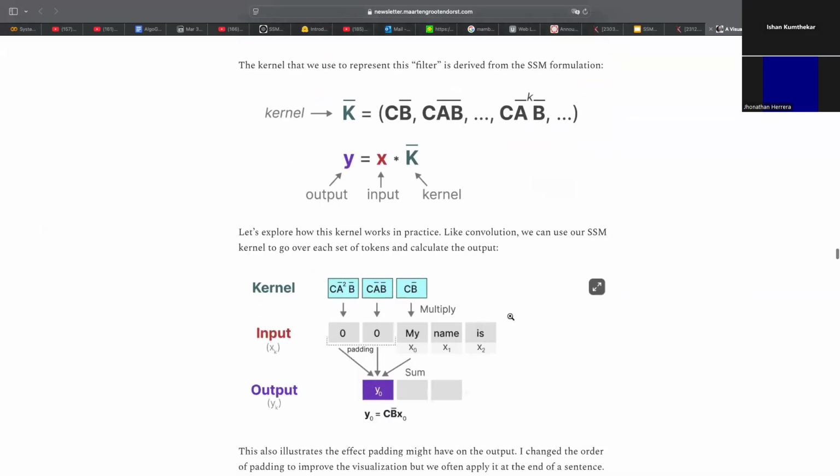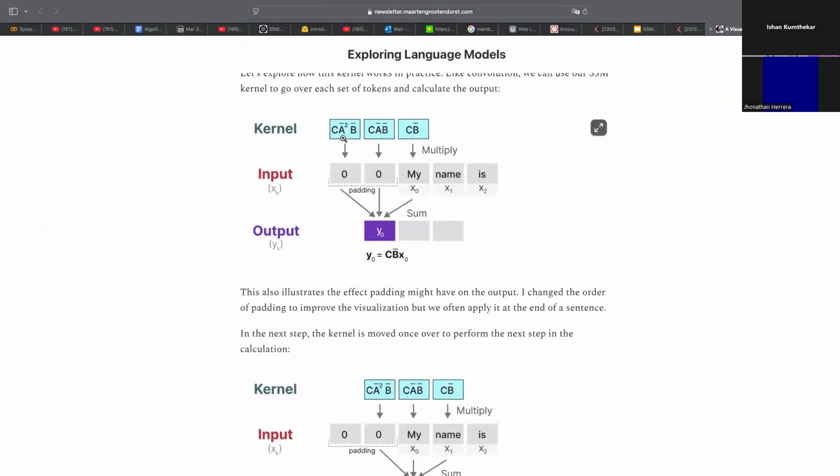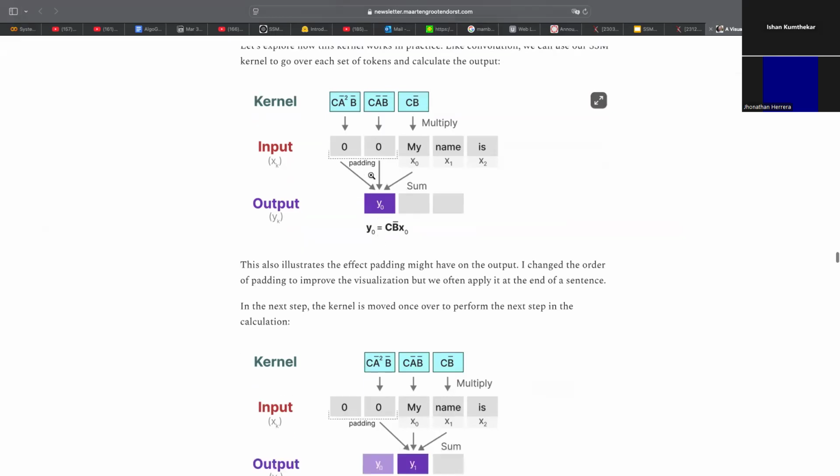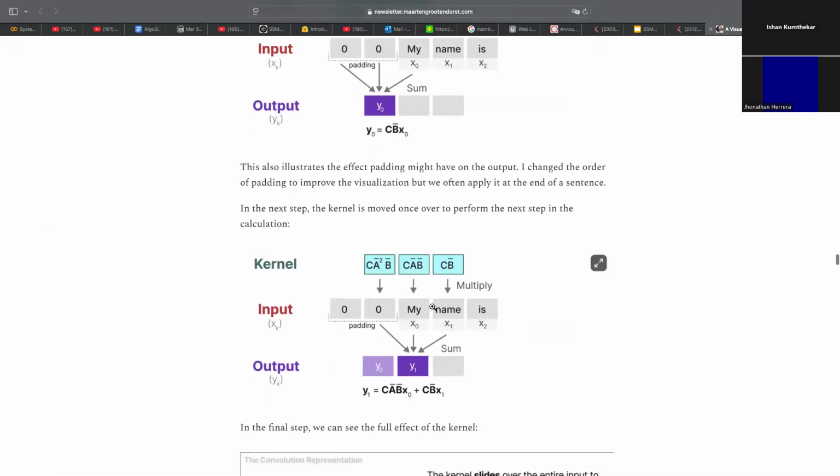So knowing this, for example, this is how it'll look. You'll have a kernel with all the SSM model equations, and you'll pass it one by one through the input and predict the output. You see these are just zeros, so these are nothing. But once it gets to "my name", it'll predict "is".